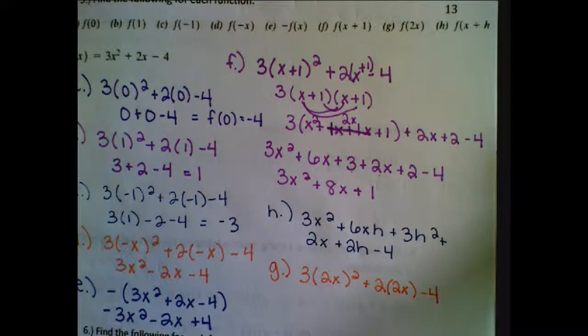So this would be 3 times 4x squared plus 4x minus 4. This would be 12x squared plus 4x minus 4. I have no other like terms, so I am done with that.